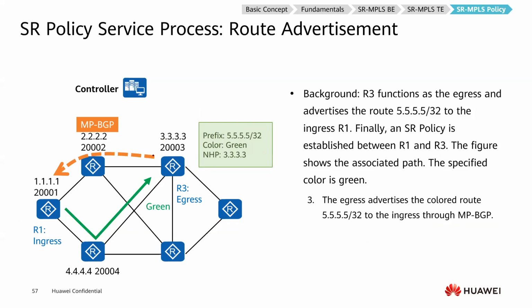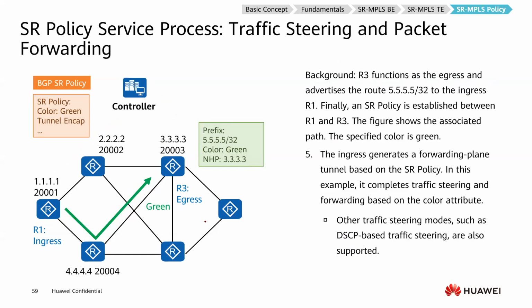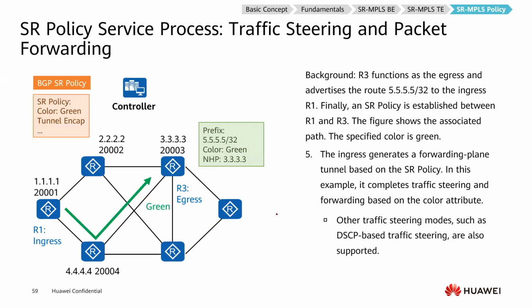This one we already covered, route advertisement. And the controller will give R1 the forwarding path for this green color tunnel. Then R1 will do the forwarding. Okay, so that's all for the SR-MPLS policy.